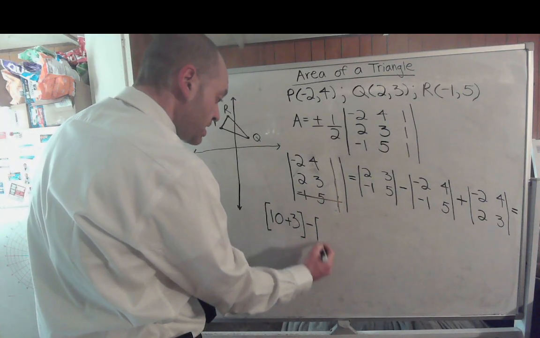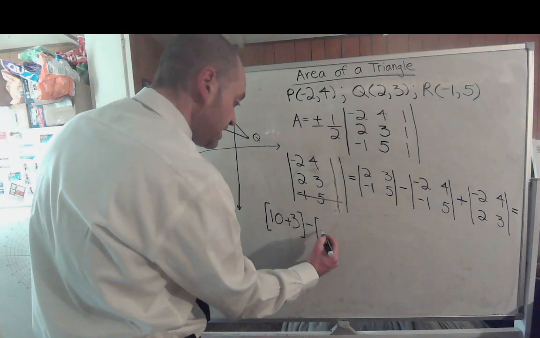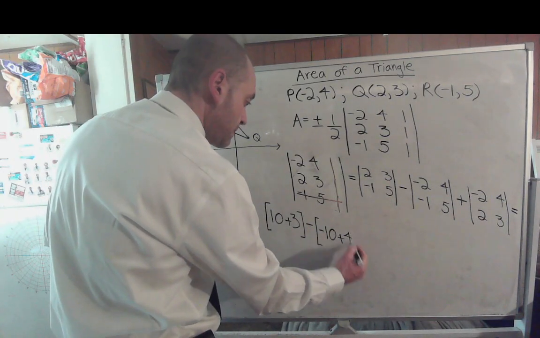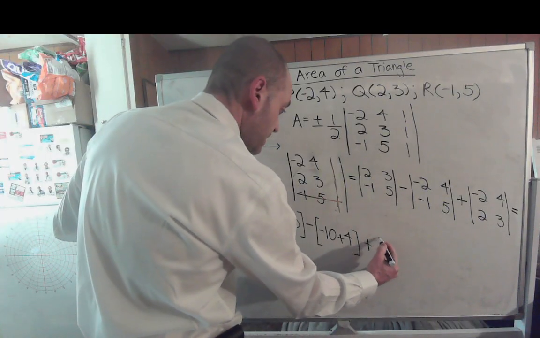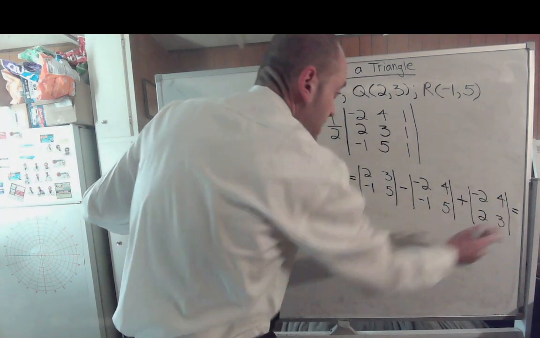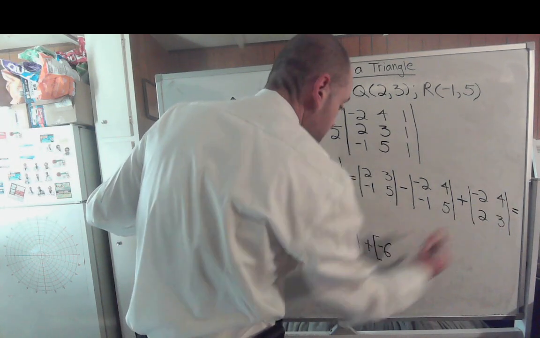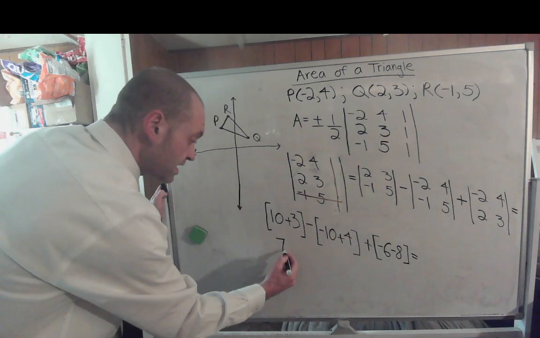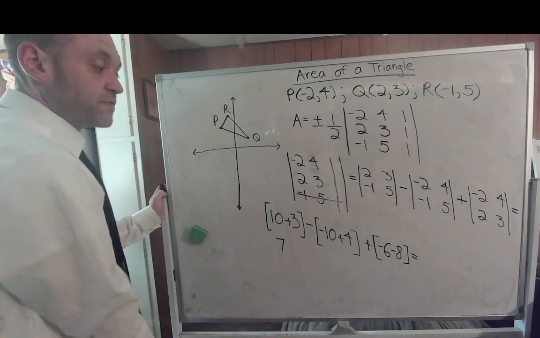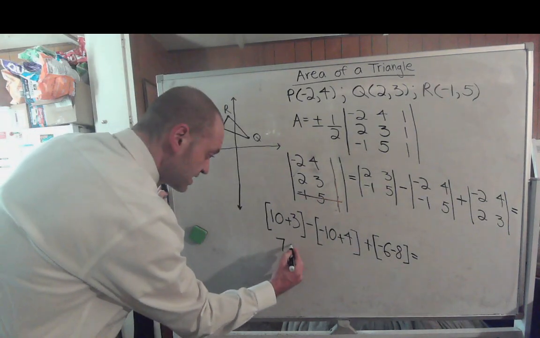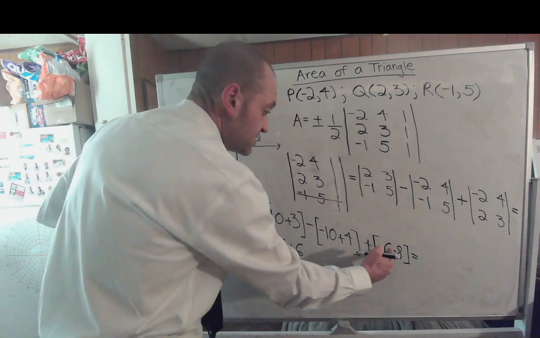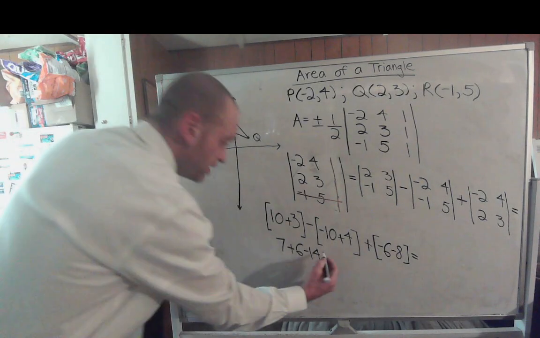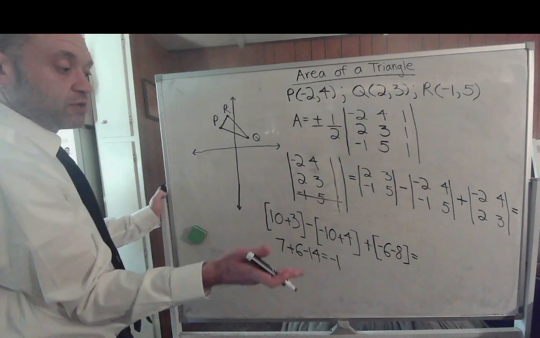Minus this determinant: -2 times 5 is -10, minus 4 times -1, which turns into plus 4. Plus the last determinant: -2 times 3 is -6, minus 4 times 2, that's -8. Simplifying, you get 7 minus -6, which is plus 6, then -6 minus 8, which is minus 14. So 7 plus 6 minus 14 is 13 minus 14, giving you -1 for your determinant.